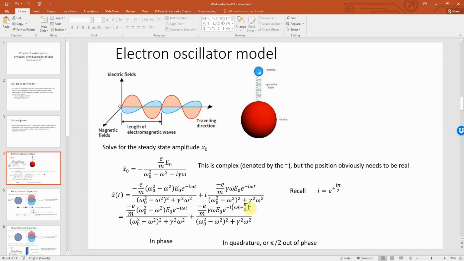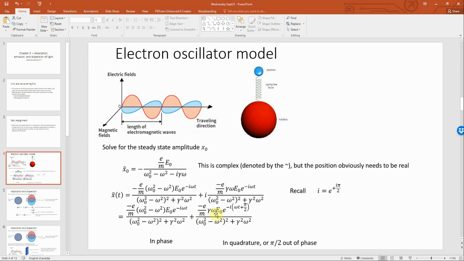Okay, so it's not completely out of phase. It's not that when this electric field is up, the electron is oscillating completely out of phase. It's pi by 2 out of phase, so when the electric field is at a maximum, the electron's at 0, and when it's at a minimum, the electron's again at 0. So we have a term that's in phase, and we have a term that's what's called in quadrature, or pi by 2 out of phase.